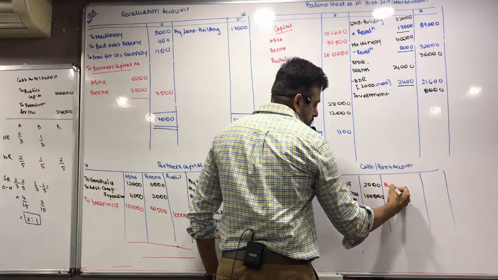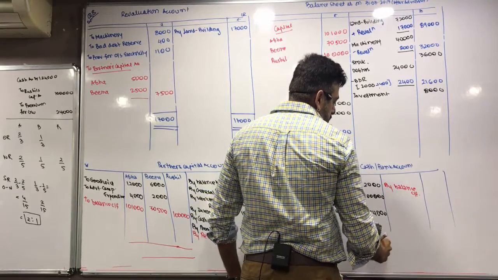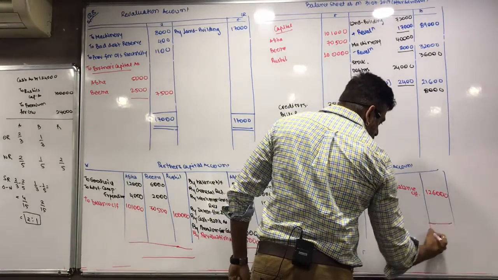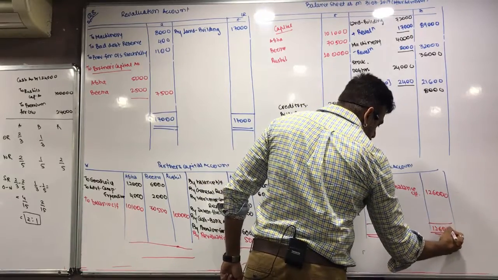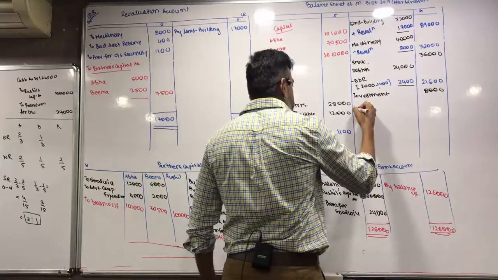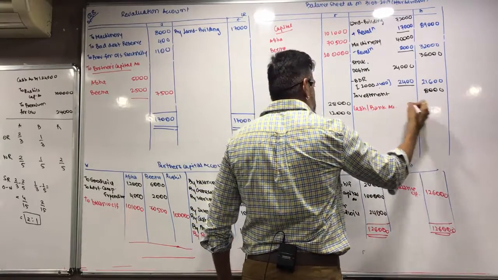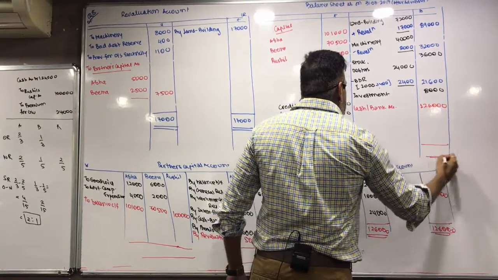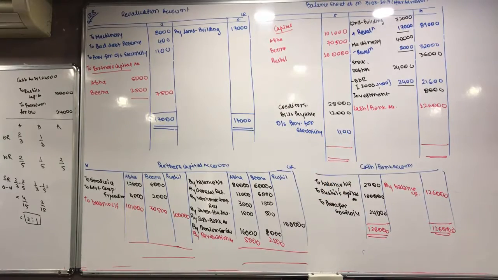Balance cash 1,26,000. Transfer it. Total 3,12,600.